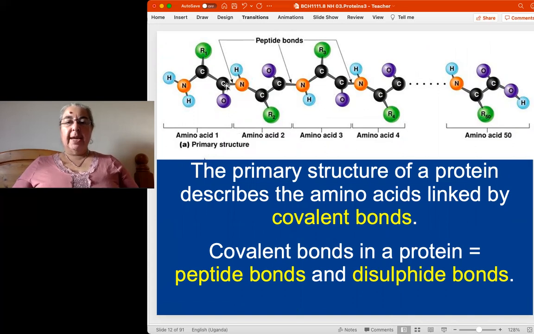So the peptide bonds, as we've already seen, are covalent bonds in the protein molecule. There's also another type of covalent bond which is important in proteins, which is disulfide bonds.